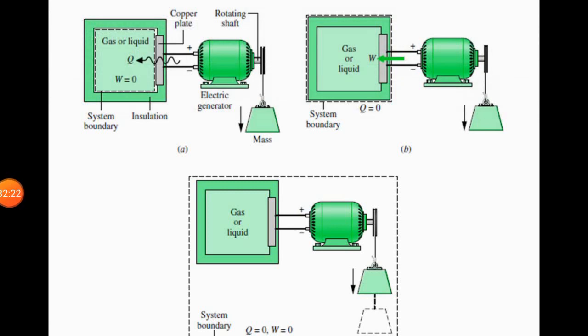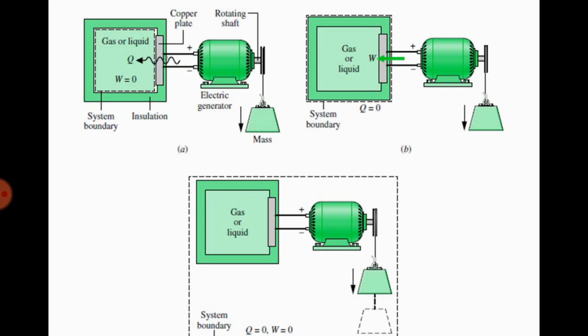Like this picture, I have shown this picture in previous lectures. This is basically work. The mass is moving this paddle, and this paddle is moving the shaft of a generator, and the shaft is producing electrical energy.